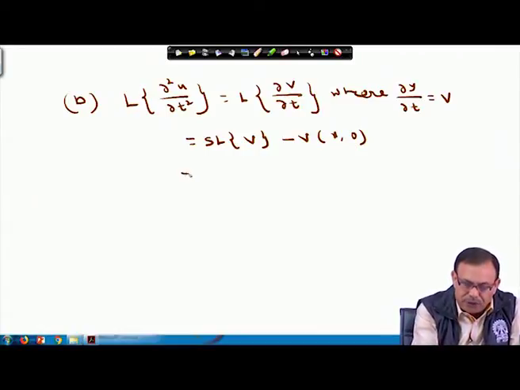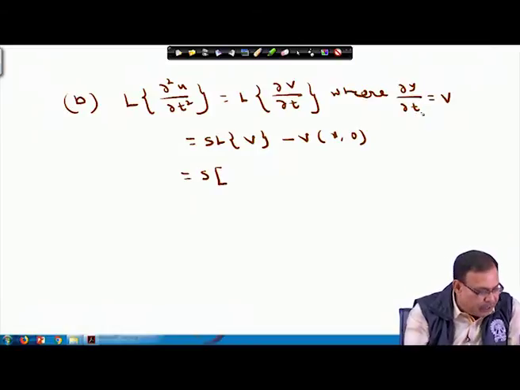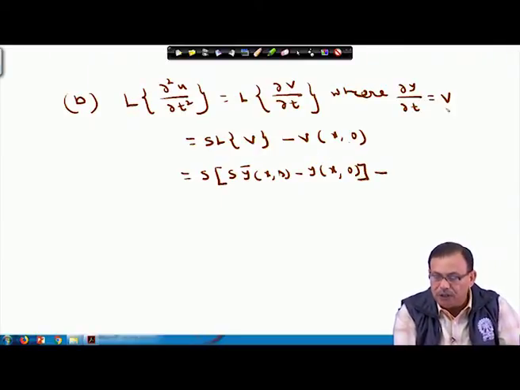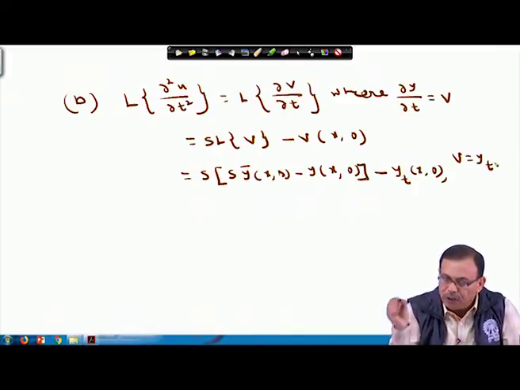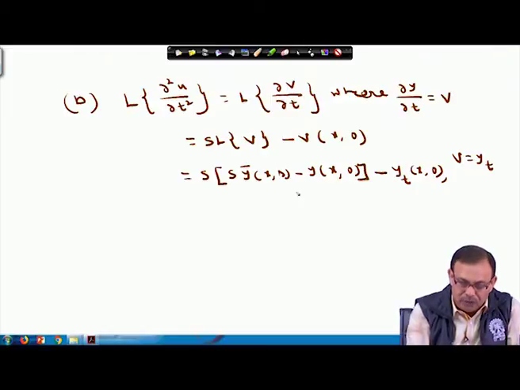So this equals s times the Laplace transform of ∂y/∂t. Again you can put the value here, so that s ȳ(x,s) minus y(x,0), minus v(x,0), where v is nothing but y_t. So we can write y_t(x,0). Basically your v was ∂y/∂t, so for the Laplace transform of ∂y/∂t you are again using the earlier formula.